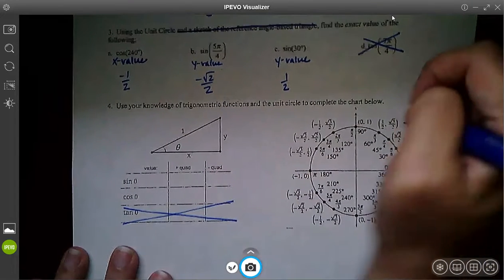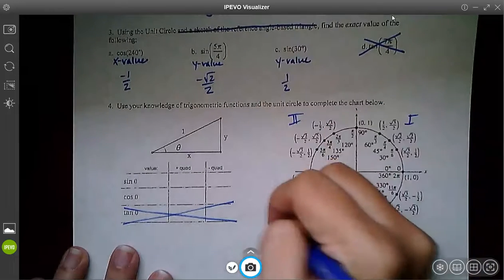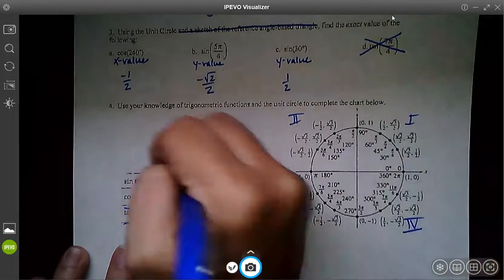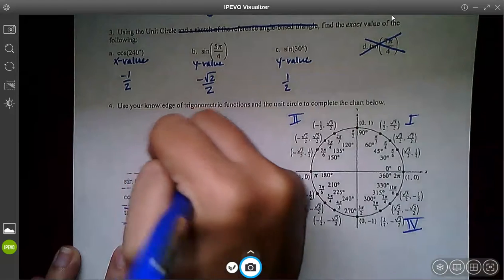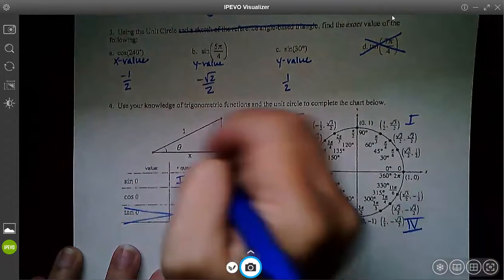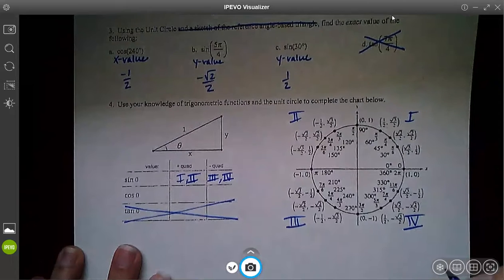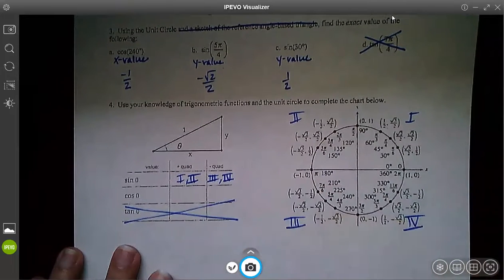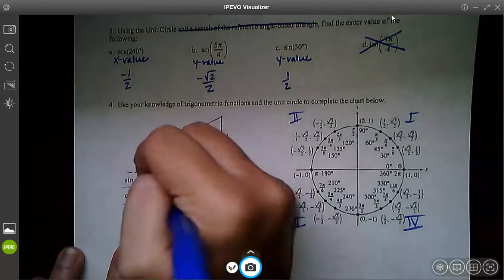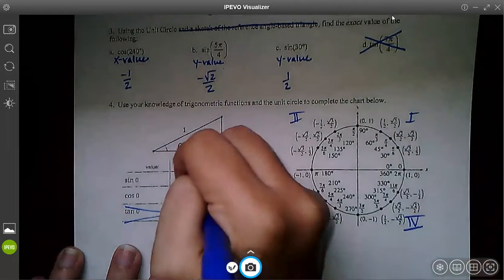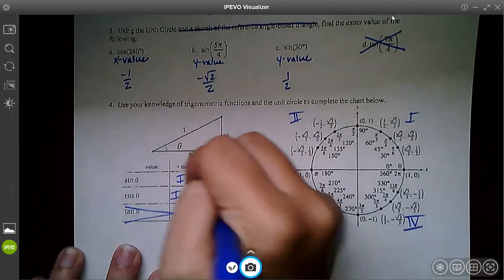This is quadrant 1, 2, 3, 4. So sine is positive in quadrants 1 and 2, and it is negative in quadrants 3 and 4. Cosine is positive in quadrants 1 and 4, that's your x values, and it is negative in quadrants 2 and 3.